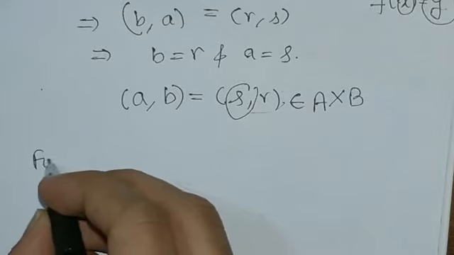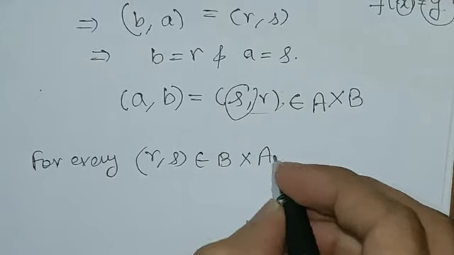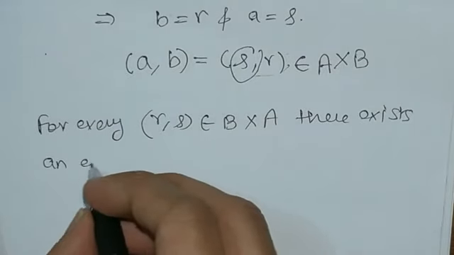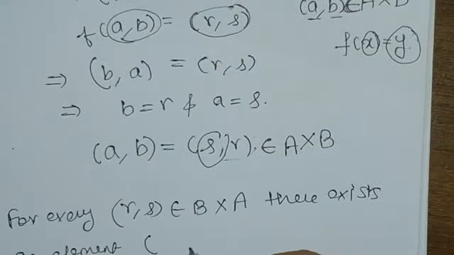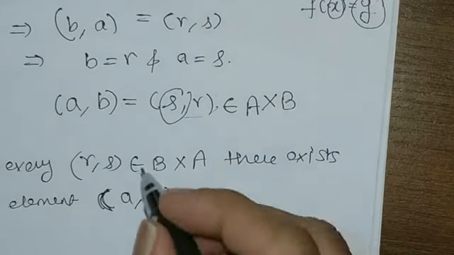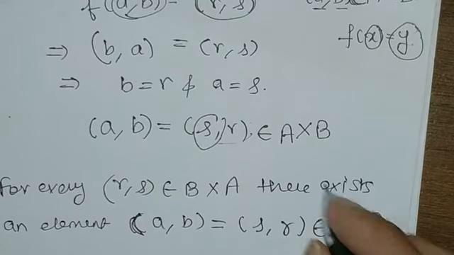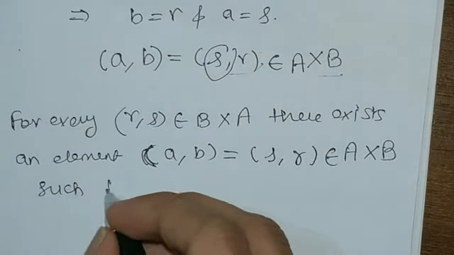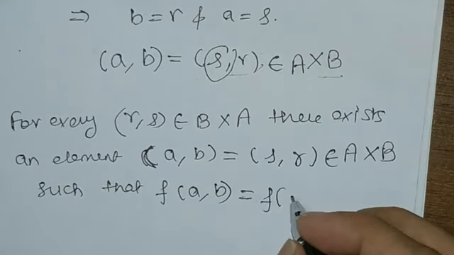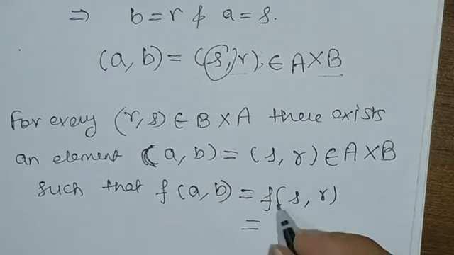So what you have got is, for every (r, s) belonging to the set B Cartesian product A, there exists an element (a, b), which is equal to (s, r), which belongs to A Cartesian product B, such that f(a, b) is equal to f(s, r).